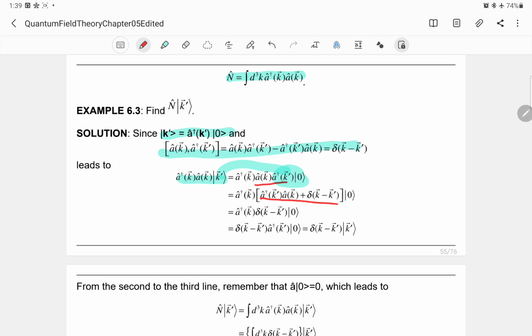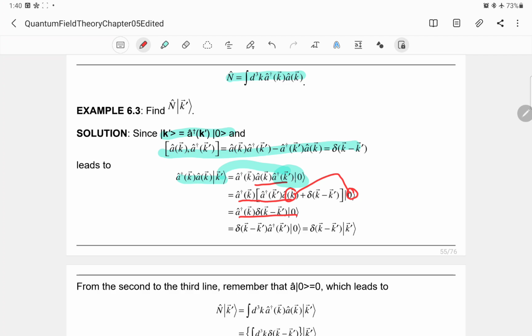So anyway, when you have this one, that is just equal to 0, because it applies to this and this one, and applying that will just give you 0, so that you will just have this.